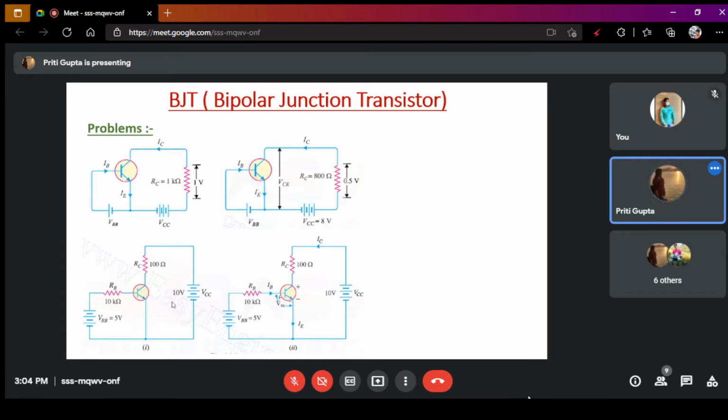See, this is the equivalent figure. This is VBE, this is IB, this is RC, and this is IC going.